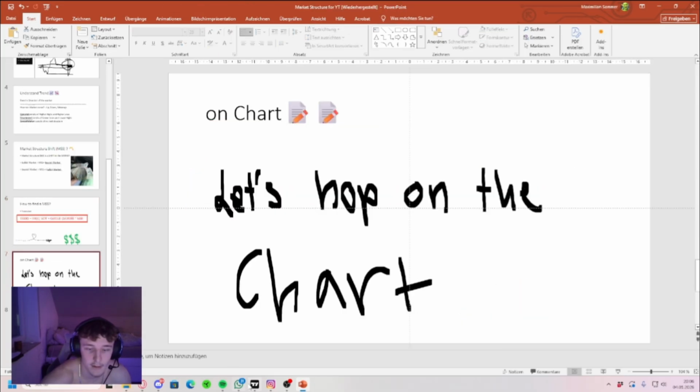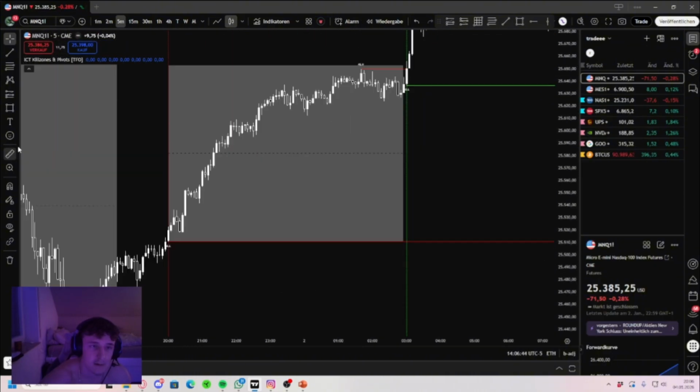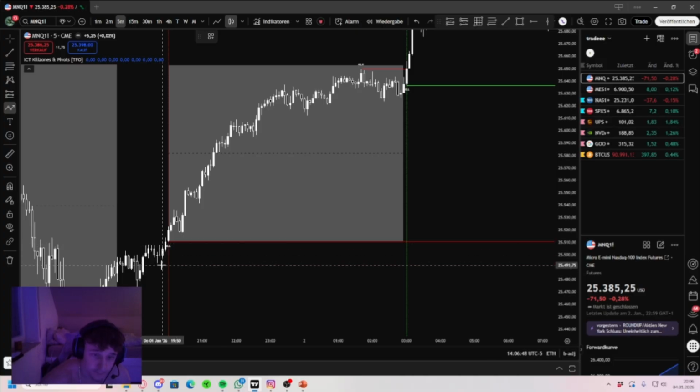So let's hop on a chart. I already marked these off because they are pretty recent, and you can get a good understanding of what price is doing. Let's start here. This is a high because we have a move up and a move down. This is a low because we have a move down and a move up. This is a high because we move up, move down.